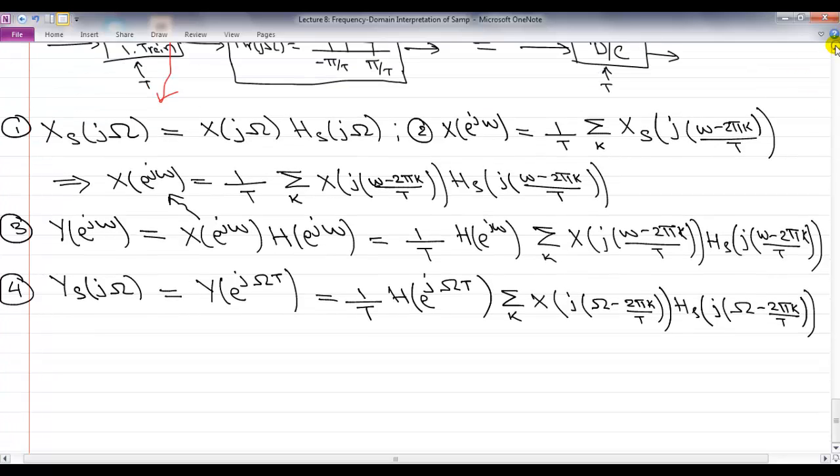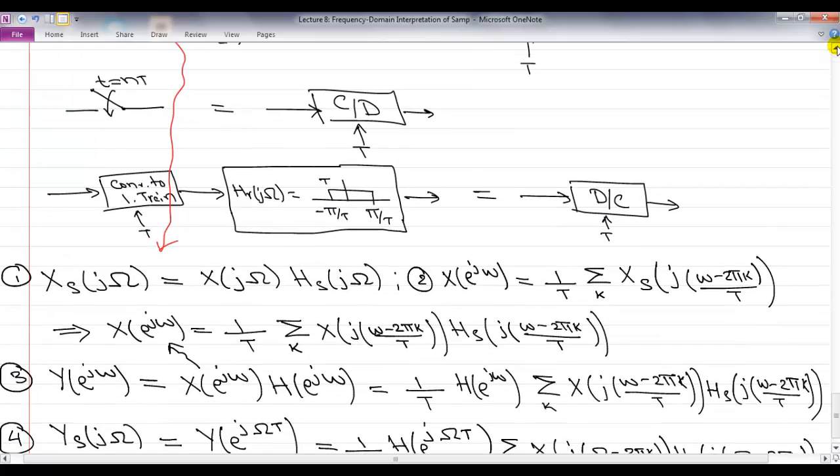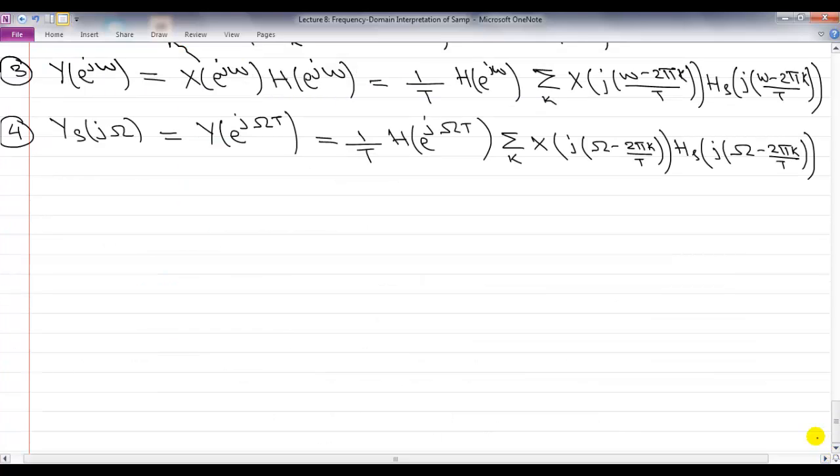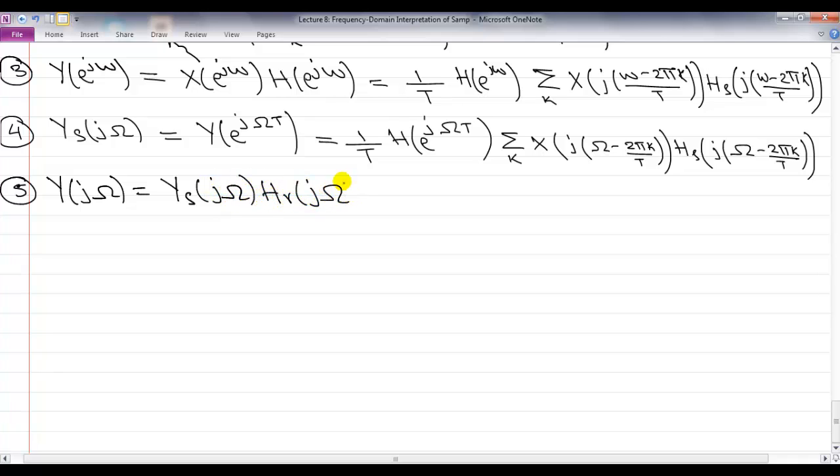What is the last block that we have to worry about? That is the reconstruction filter. That is just a filtering problem, where the output is simply the frequencies scaled by the frequency response of my filter. So the final block is that my output y of j omega is simply ys of j omega times the reconstruction filter hr of j omega.